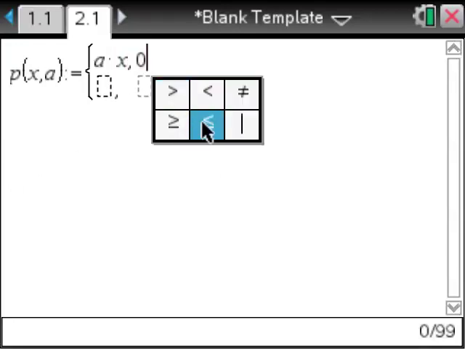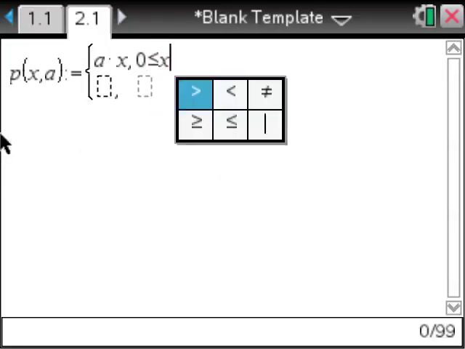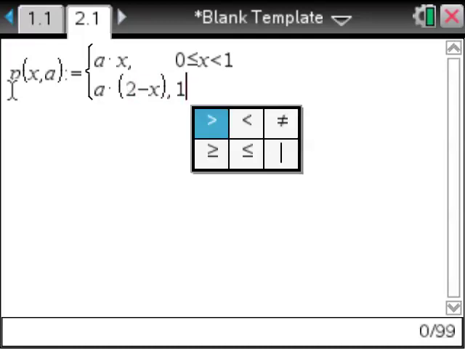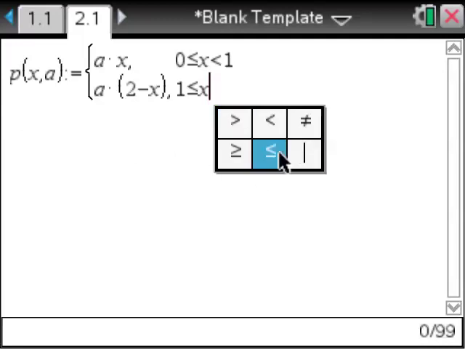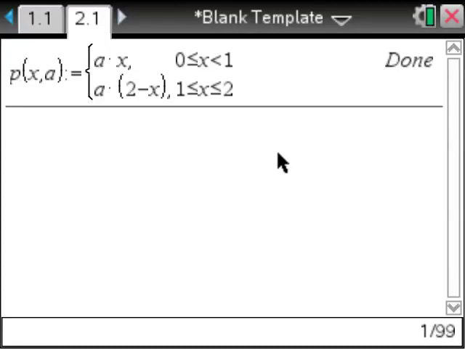Control equals gives me less than or equal to, then control equals gives me strictly less than 1, and then a times 2 take away x, and again the limitation here is 1 less than or equal to x, less than or equal to 2. We'll press enter. Now it doesn't know the value for a, but we're going to work that out.